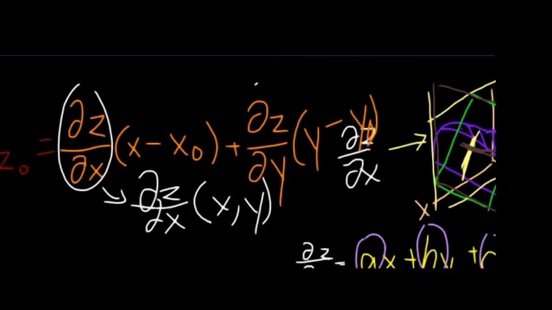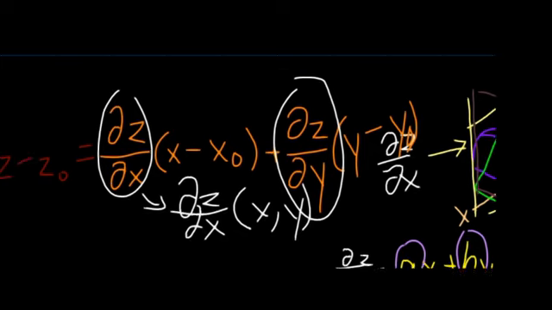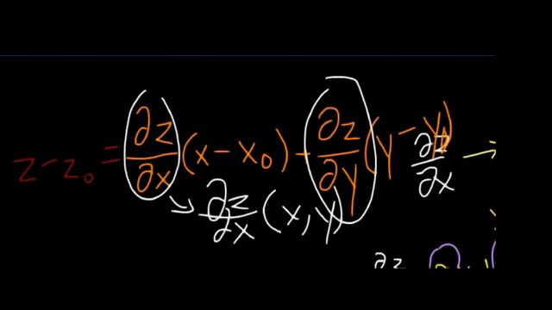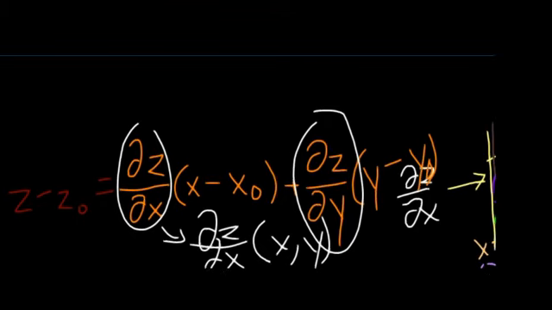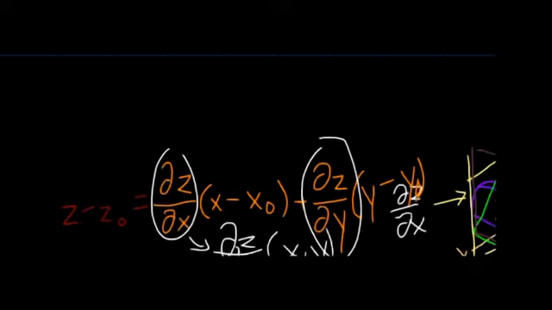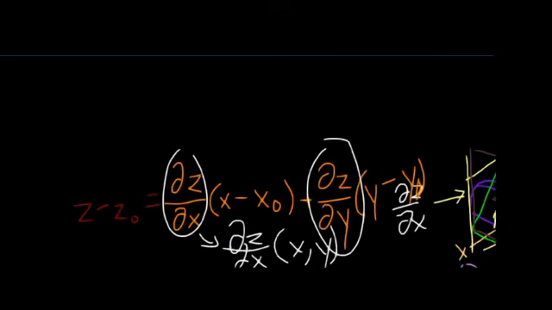And that also goes the same way for partial z partial y. So all in all, this is the equation of a tangent plane, and that kind of looks alright.